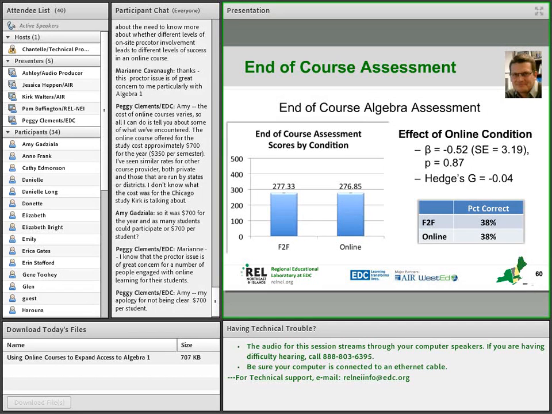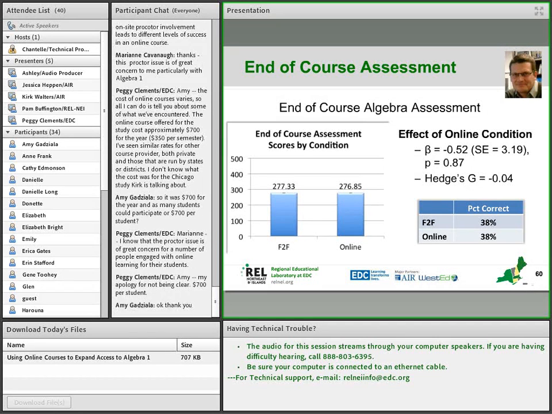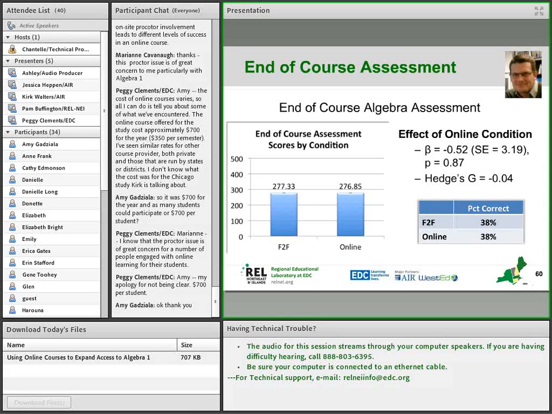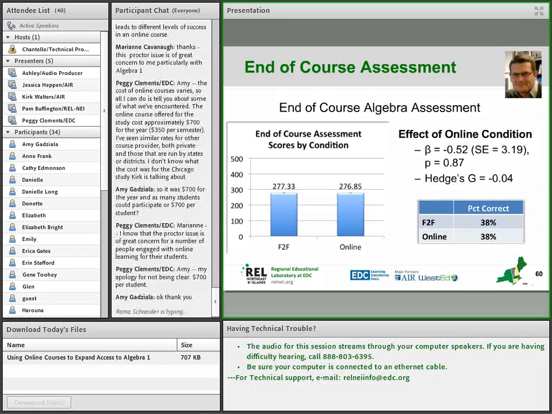Those were not statistically different, and in terms of raw scores, that's about 38% correct on their end-of-course algebra test, which was comprised of NAEP public release items that included both Algebra 1B, which was the focus, and Algebra 1A content, because Algebra 1B builds on 1A in terms of the content, so we wanted to have some of those items as well.